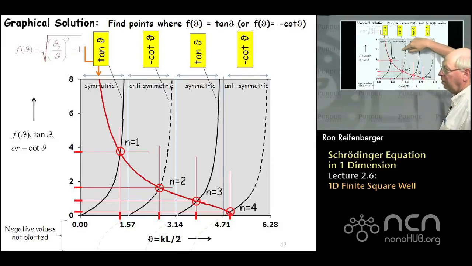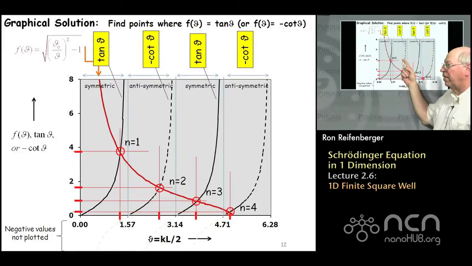And then I also plot the square root term, which is this guy down here. Whenever the square root function f of theta crosses the tangent or minus cotangent plot, those crossing points define the possible values of KL. So in this case, there are 4 possible solutions for KL.